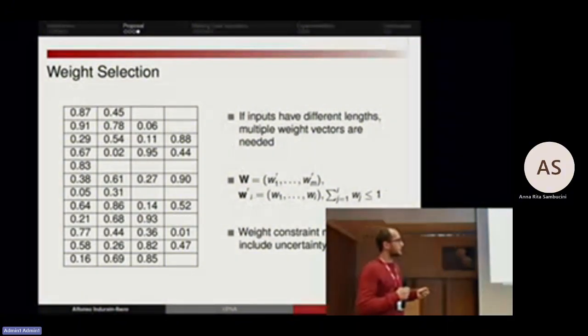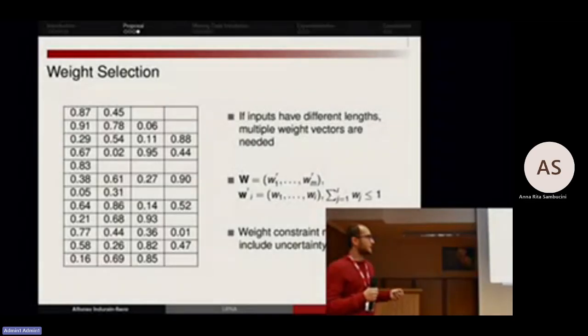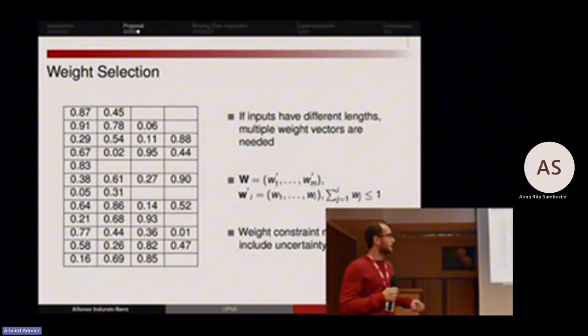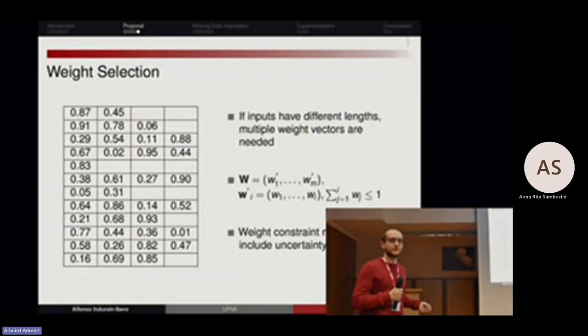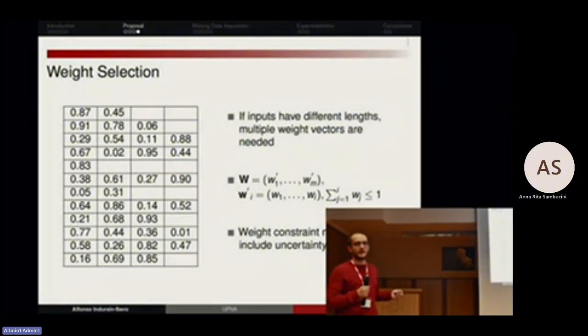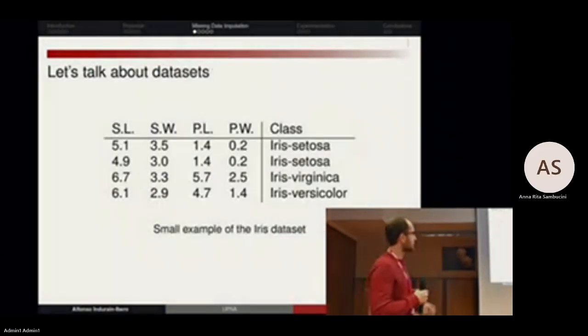So instead, we are going to work with several weighting vectors, selecting a new weighting vector for each possible length in our dataset. And a fun fact about this approach: we later discovered that it is computationally faster and cheaper to optimize the weighting vectors in this way rather than optimizing just one single vector for the whole dataset.